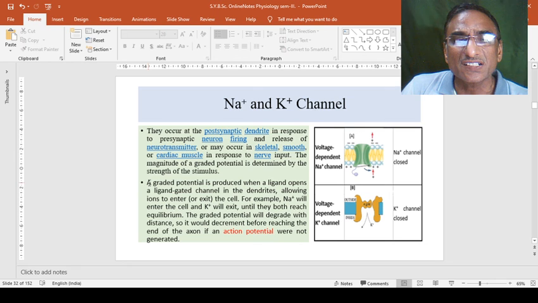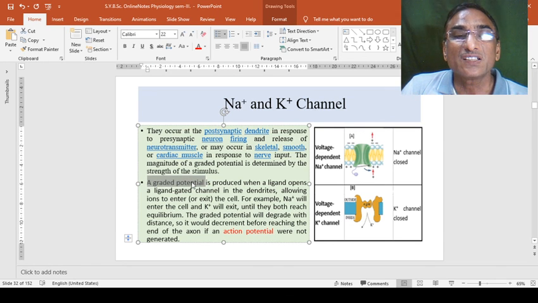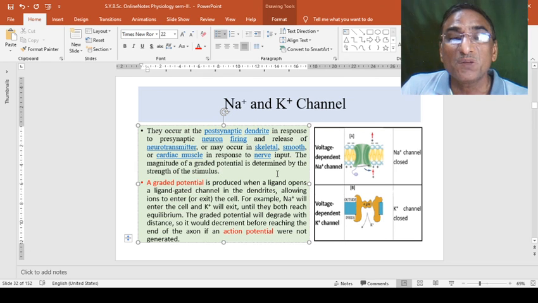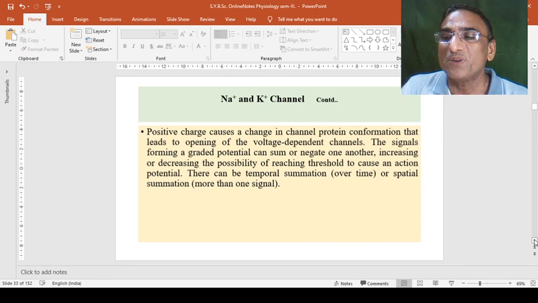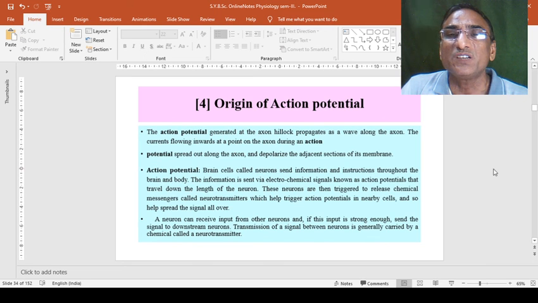The grades we have seen depend on the potentiality and the concentration gradients present across the membrane for both ions, and as soon as equilibrium is maintained, everything is maintained, and therefore the graded potential is maintained. So this is about the sodium-potassium pump. In the next topic we will see the origin of the action potential.